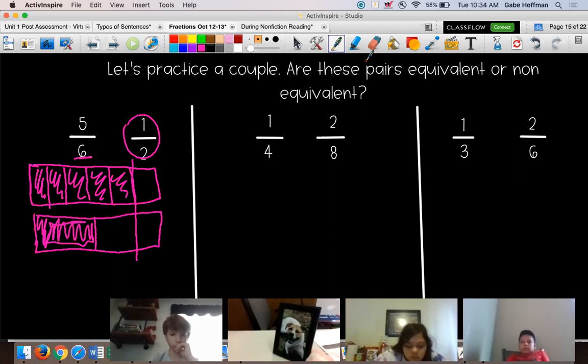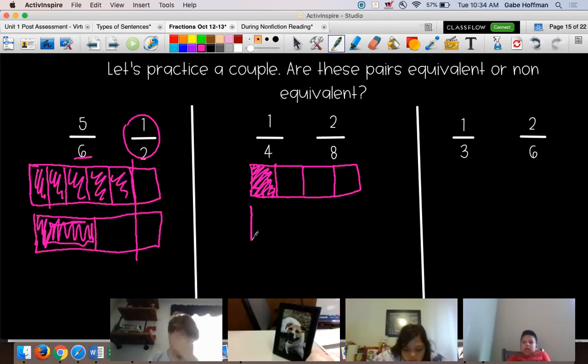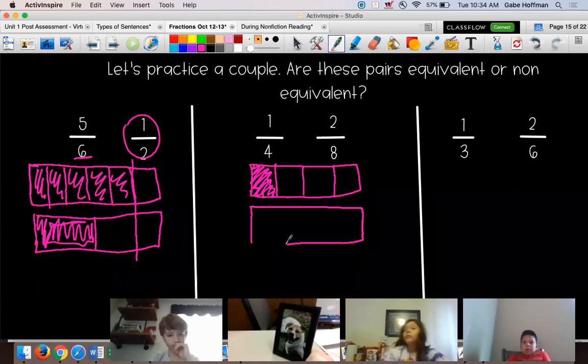All right, so we're gonna do 1/4 and 2/8. So I'm gonna divide my first one into 4 equal parts. And I'm gonna shade in 1, because that's my numerator. I'm shading in 1 part of the whole. And I'm gonna draw another one right below it. And I'm gonna divide this into 8 pieces.